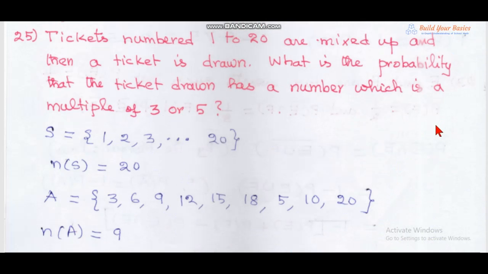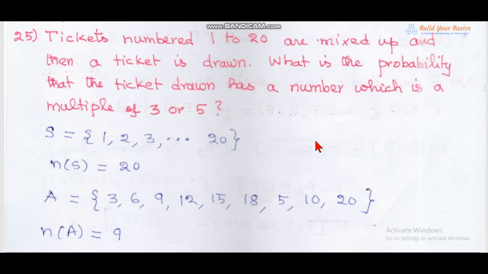Question number 25. Tickets numbered 1 to 20 are mixed up and then a ticket is drawn. What is the probability that the ticket drawn has a number which is a multiple of 3 or 5? So the sample space is 1, 2, 3, up to 20.